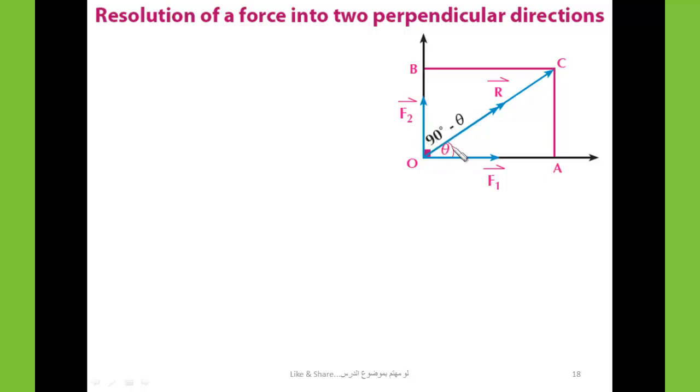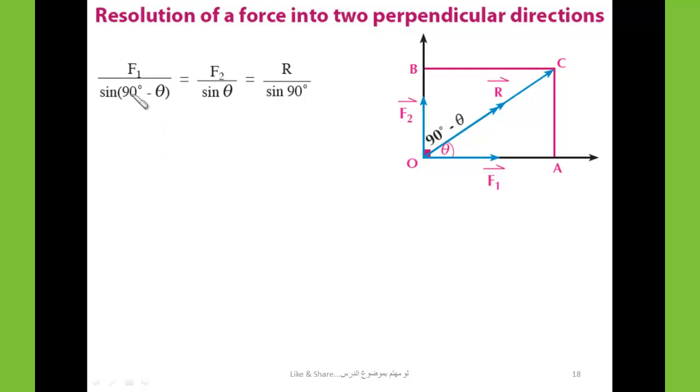Again, if theta 1 equals theta, then theta 2 equals 90 minus theta. Applying the sine rule, we can write F1 over sine theta 2, but theta 2 equals 90 minus theta.